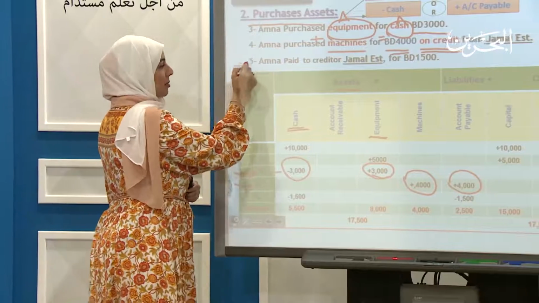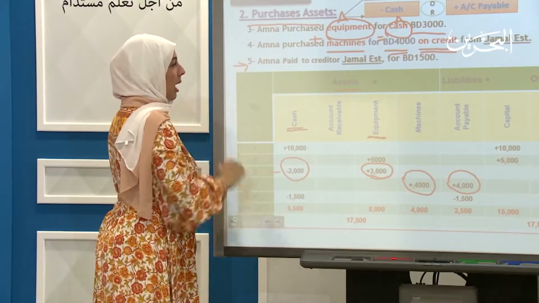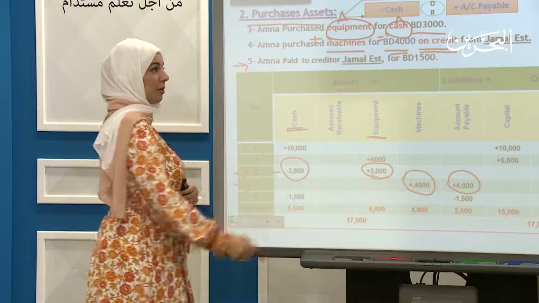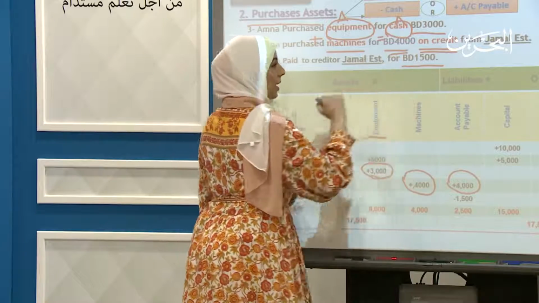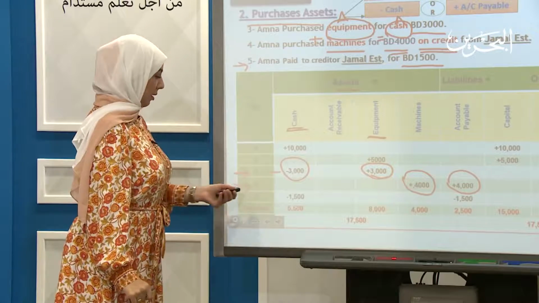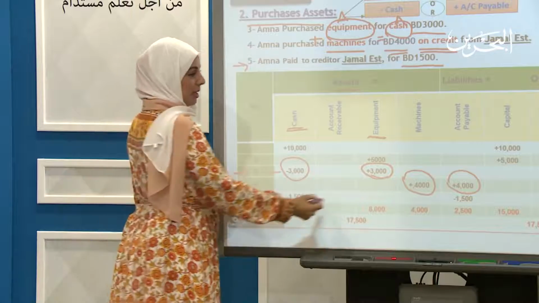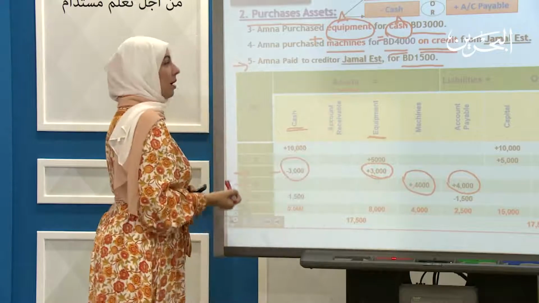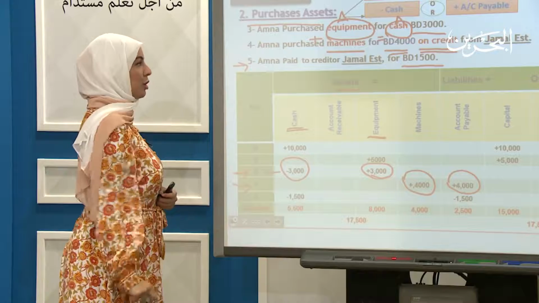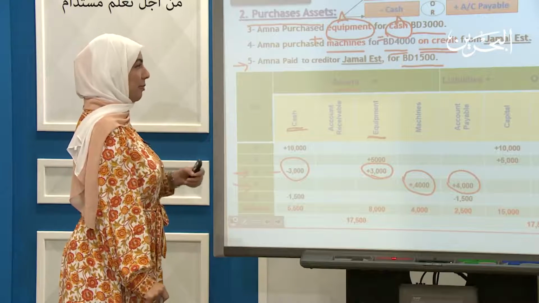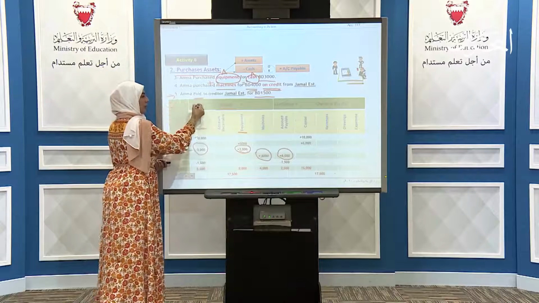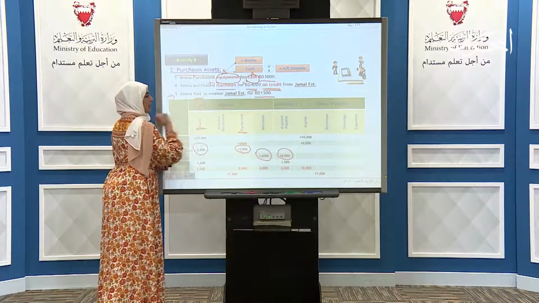Moving to the last transaction in this part, Amna paid creditor Jamal establishment 1,500. Before, in transaction 4, I had a liability of 4,000. In transaction 5, I pay part of this liability. If I paid, the cash for me will decrease.